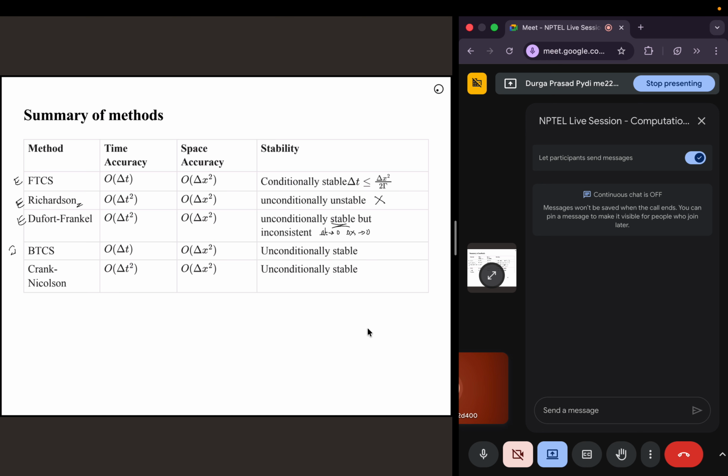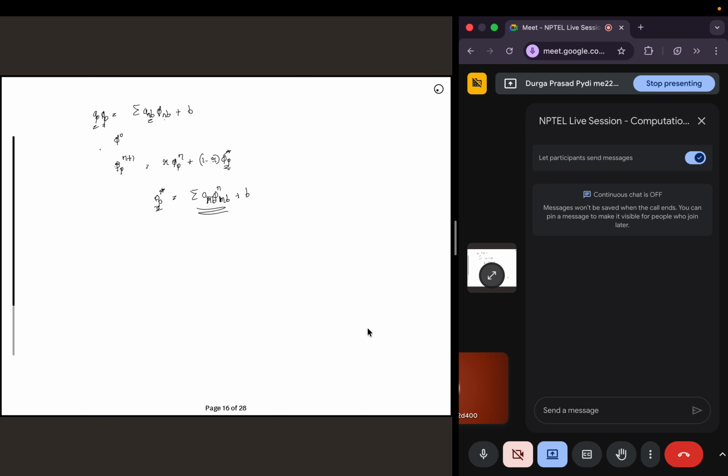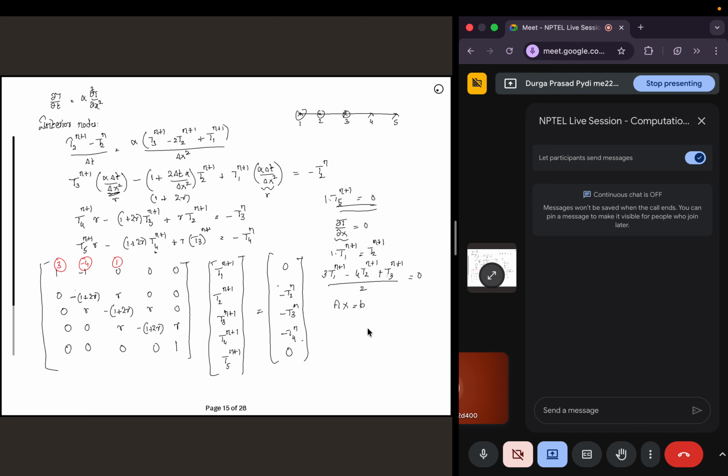And then come the implicit methods, the backward time or the Crank-Nicolson, which, depending on the order of spatial and time accuracies, are both unconditionally stable. But again, as I was saying before, just because something is stable doesn't mean it is accurate. For example, when you use the backward scheme in this implicit method, we do not have any restriction on the delta t that I can take. In this particular case, we have delta x equal to 0.004.